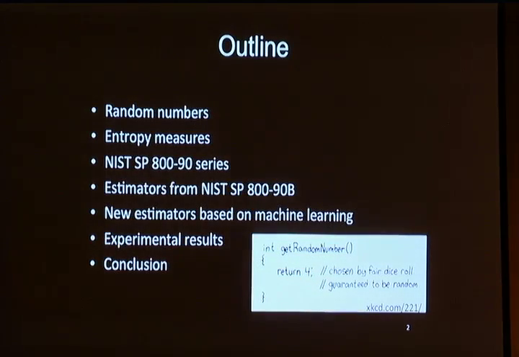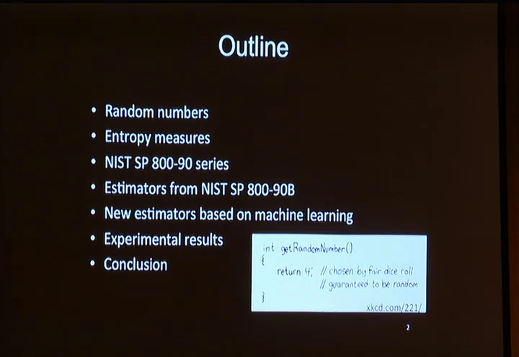Okay, this is my outline. I'm going to talk about random numbers, why they are important, and how we check the quality of those random numbers, and we check its entropy. This is part of the work we do.